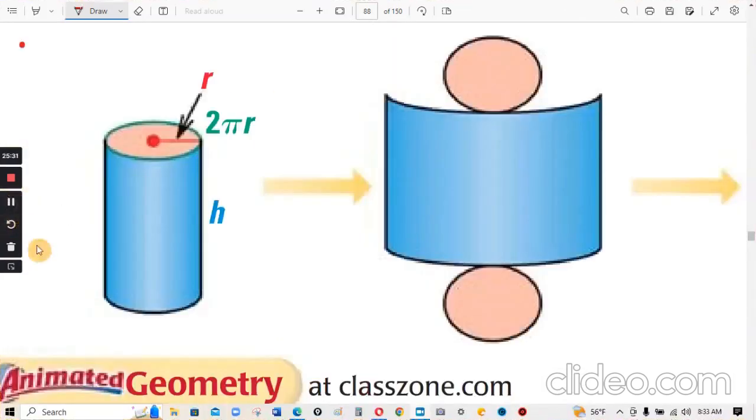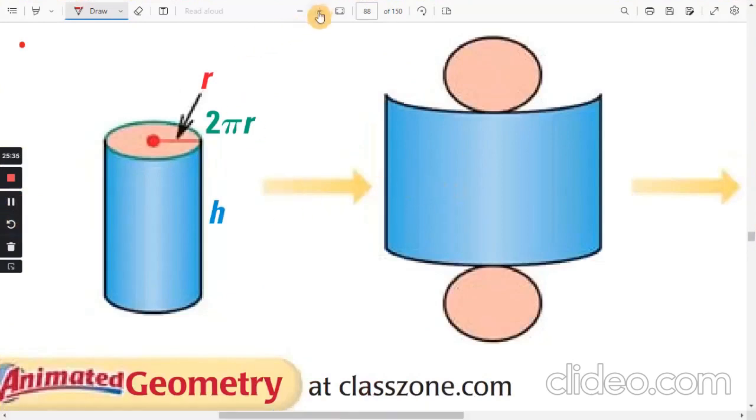So here they're showing you how to get the formula for the surface area, okay? So we know the distance around this circle right here. That's called the circumference, and we know the formula for circumference is 2 times pi times r.